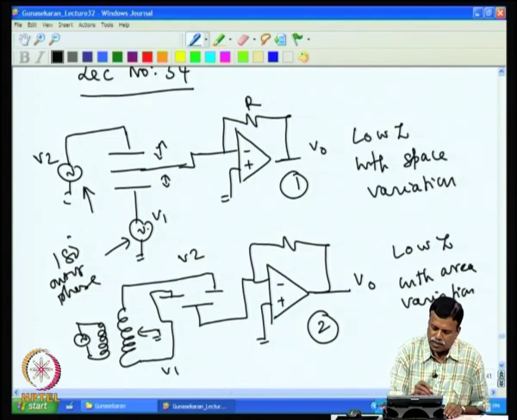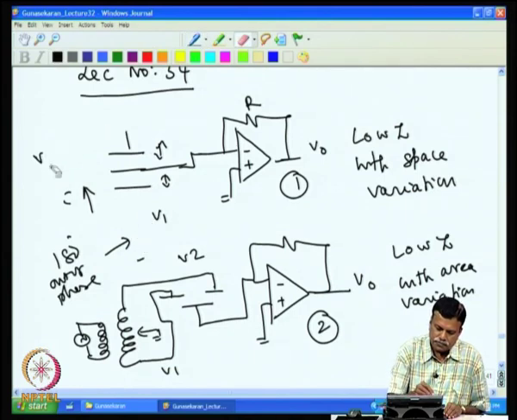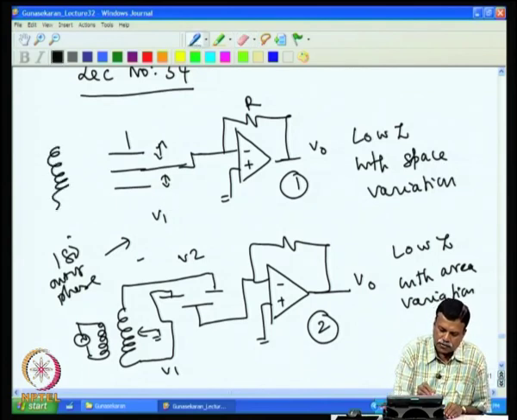Now, this we can modify like this, that is, I can remove this, and connect the center tap transformer. So, one is energizing one plate, another one is energizing the other plate.